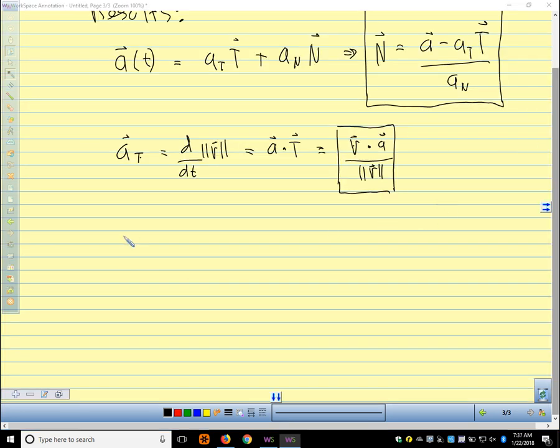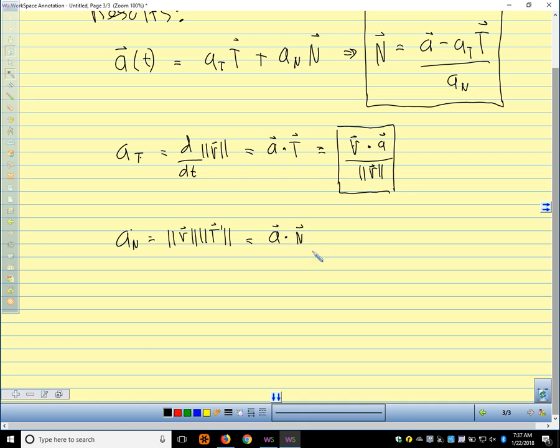A sub n. This isn't a vector, that's a scalar. A sub n is the magnitude of v times the magnitude of t prime. Sometimes that will be convenient to calculate. Often it won't. It's also a dot n.